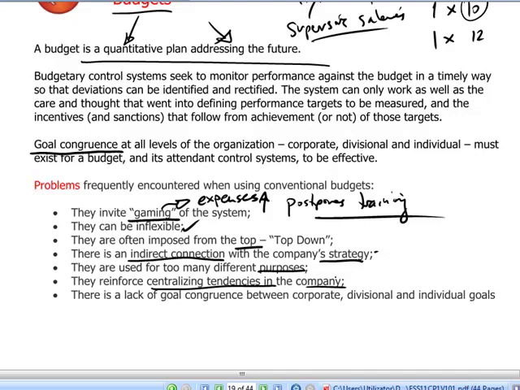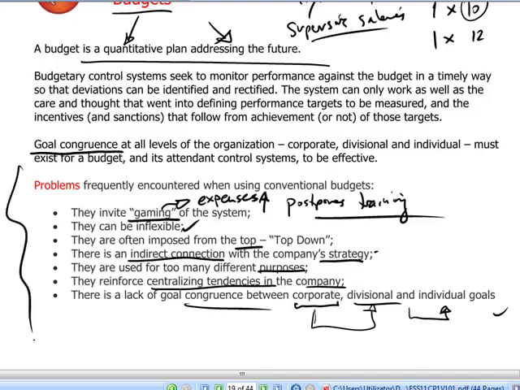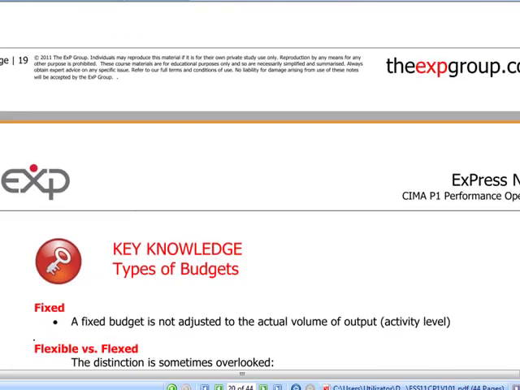And finally, there's that word again, goal congruence, may be compromised when we compare the objectives of the corporation as a whole, how the different divisions are performing, and the departments, and right down to the individual level. Very important area is to appreciate the drawbacks and the ways in which budgets can actually impede an organization from being able to ably perform.